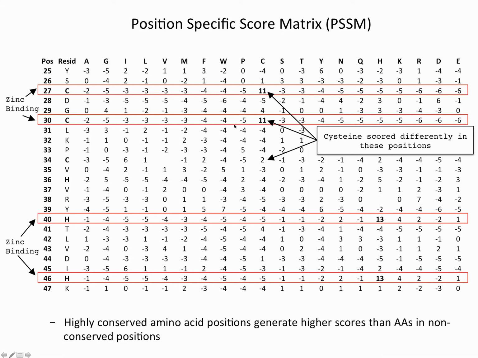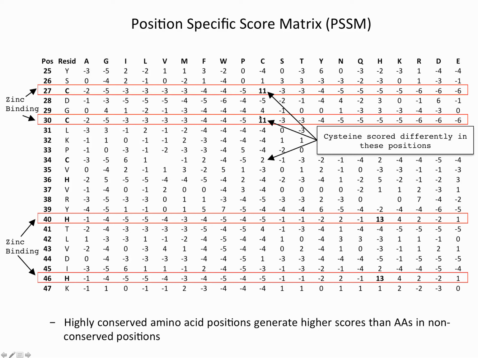have higher weights than the rest of the elements in the sequence in these positions. Higher values for the histidine to be conserved and for the cysteine to be conserved.